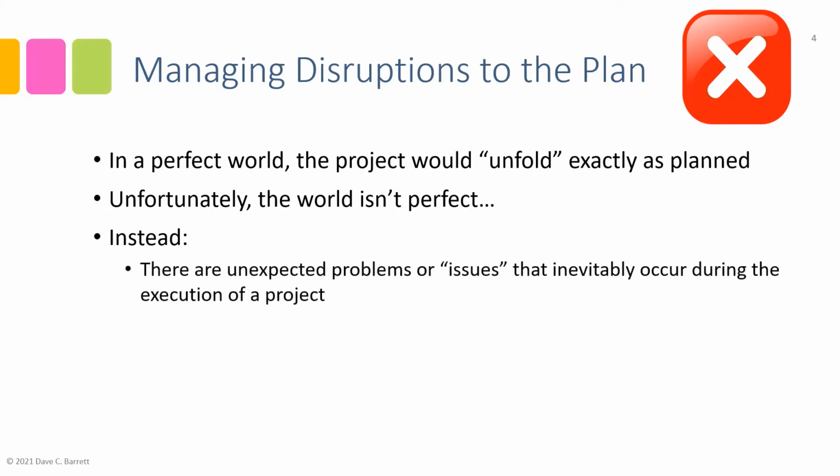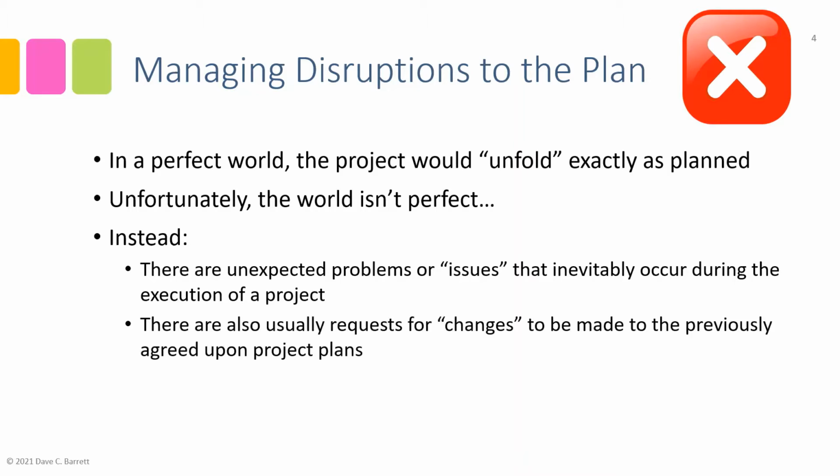So instead, there are unexpected problems or issues that inevitably occur during the execution of a project. Virtually any project that is of a certain size and complexity will have things that go wrong or are not as expected or come up, and those are things that we need to respond to.